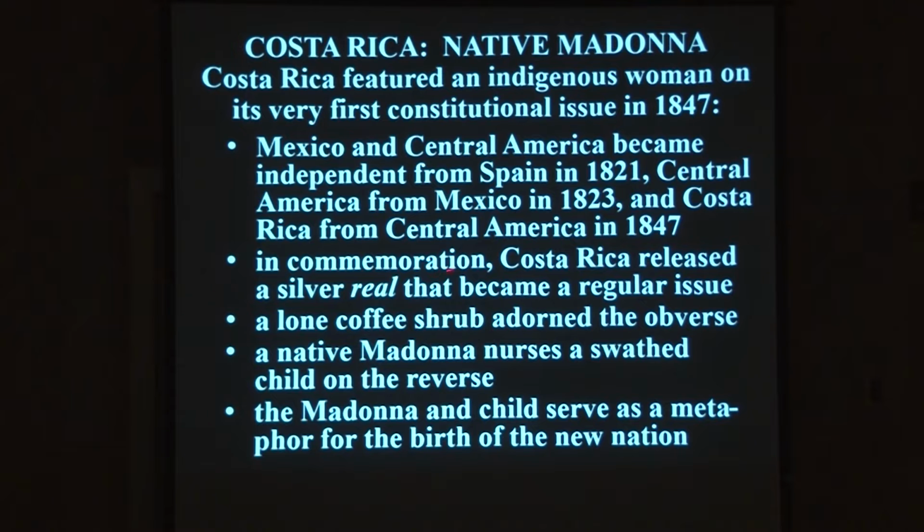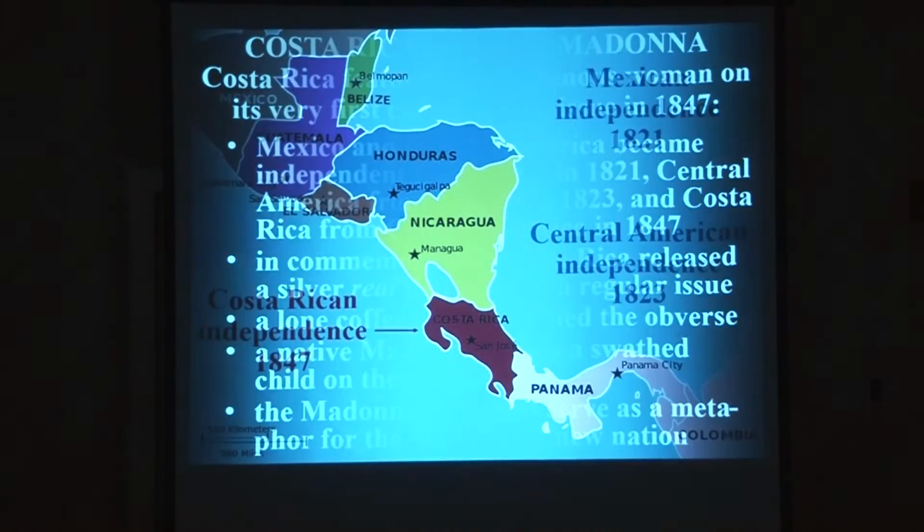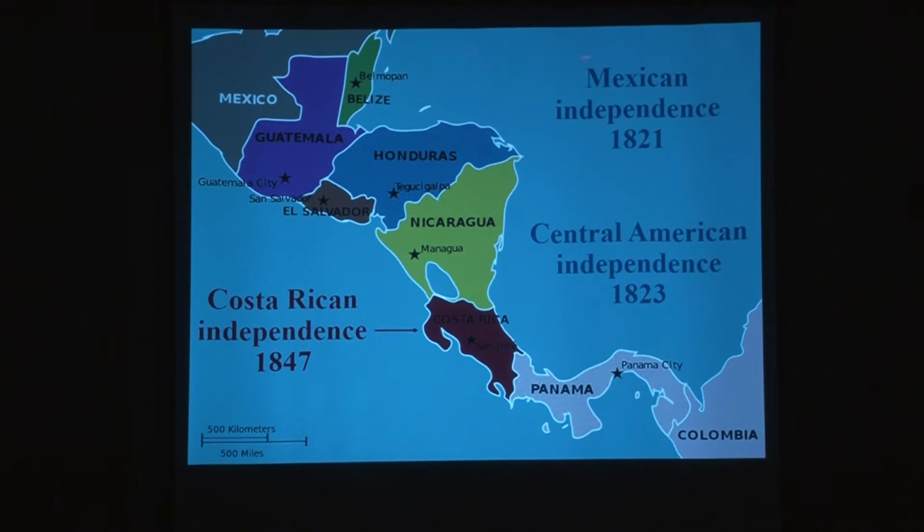In commemoration, Costa Rica released a silver real that became a regular issue. A lone coffee shrub adorned the obverse of the coin, and a native Madonna nurses a swathed child on the reverse. The Madonna and the child serve as a metaphor for the birth of the new nation. So again, I'll remind you, Mexico and Central America become independent from Spain in 1821.